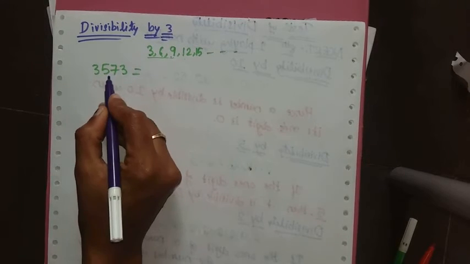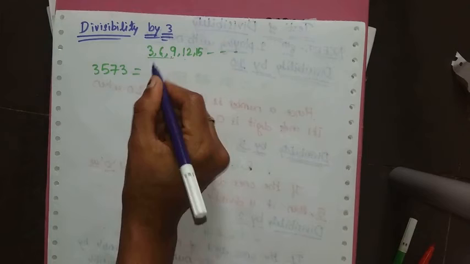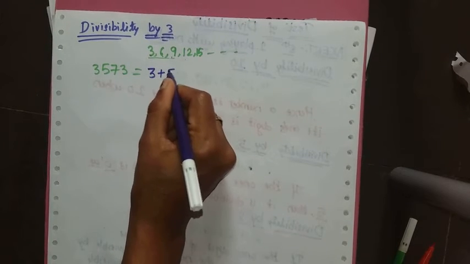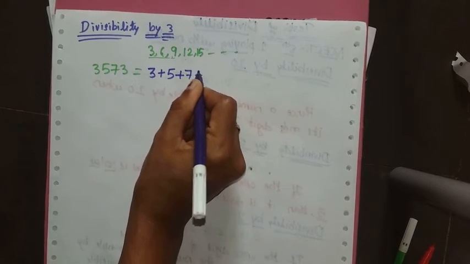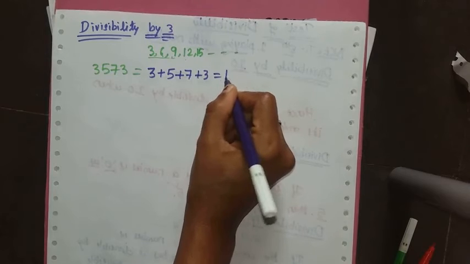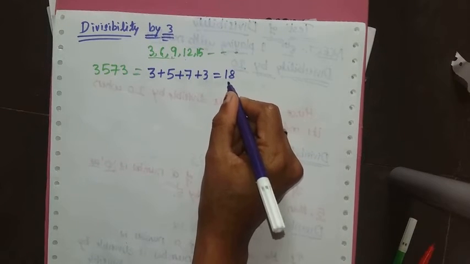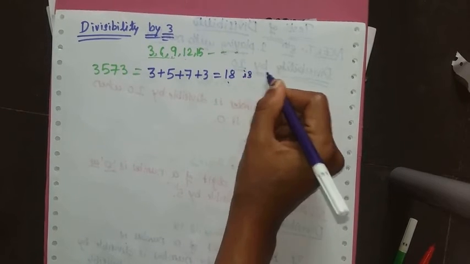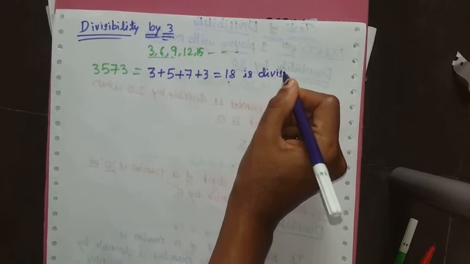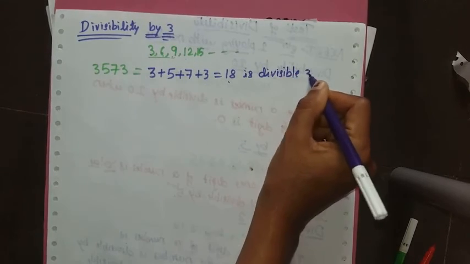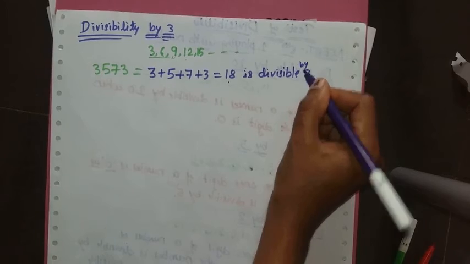I take one example, 3573. Whether this is divisible by 3 or not, we test here. We need to add all the digits: 3 plus 5 plus 7 plus 3 equals 18. We know 18 is divisible by 3.